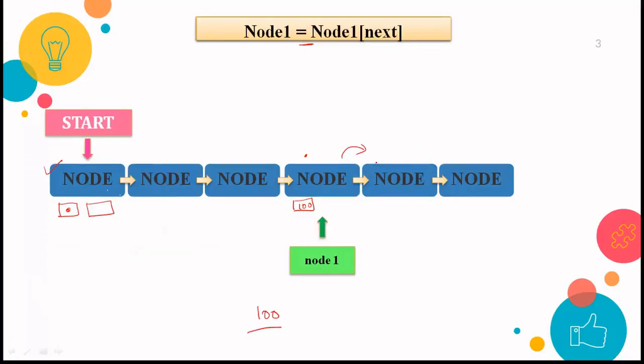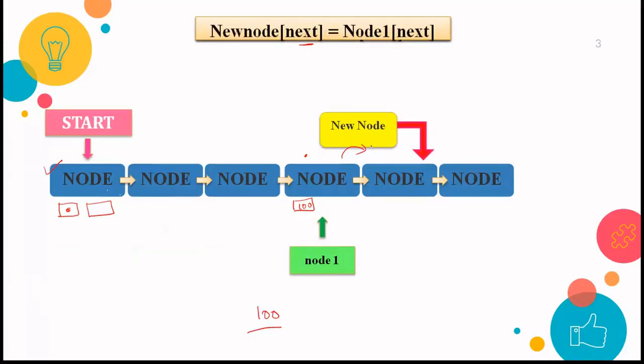This is the new node that we have created, and here new node next, earlier node 1 next was containing this address, but now new node next is going to contain the address of node 1 next. Because this is node 1, and here the next part contains the address of this node. So this node's address was stored here.